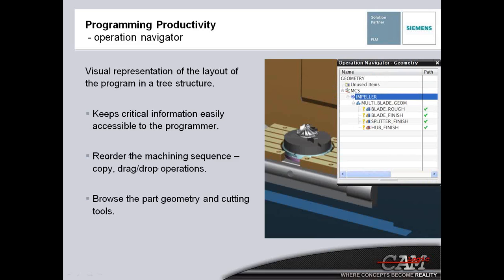Inside of NXCAM, we also have 4 primary views, but one of the best ones for new users is what we call the Operation Navigator, and this keeps critical information accessible and facilitates reuse. We can use standard Windows commands of cut, copy, and paste from right inside of NXCAM, whether it be from one session of NXCAM to a whole different version of NXCAM.